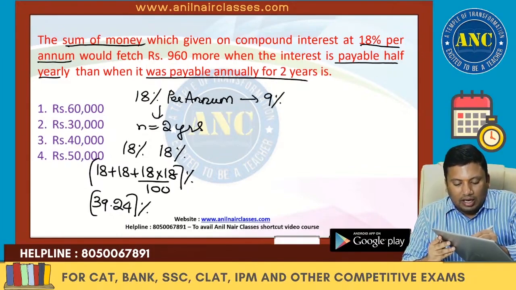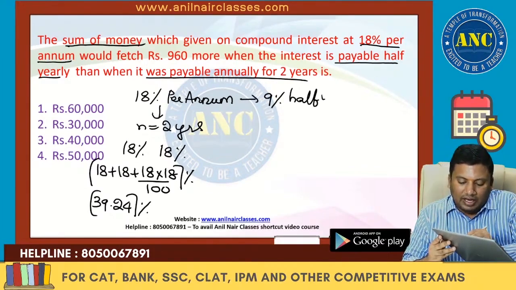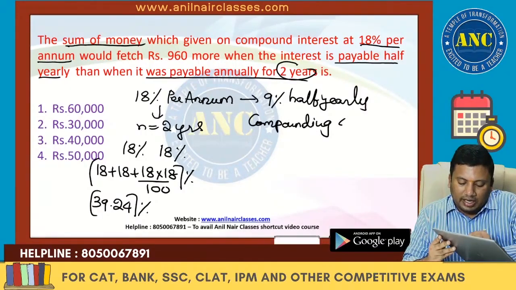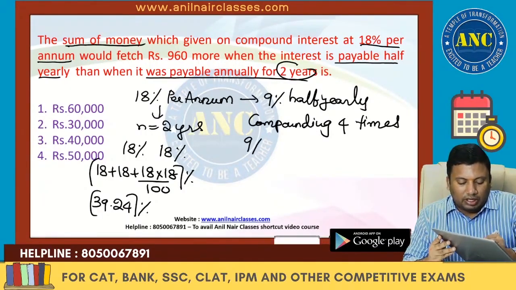Half yearly, 18% becomes 9% half yearly. For 2 years, compounding is done 4 times.